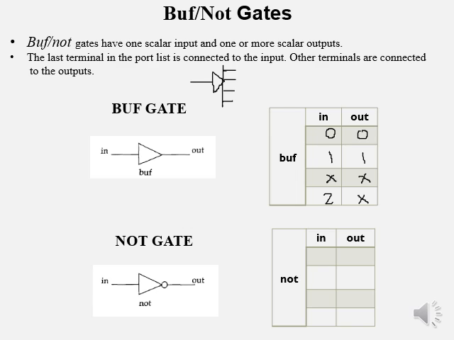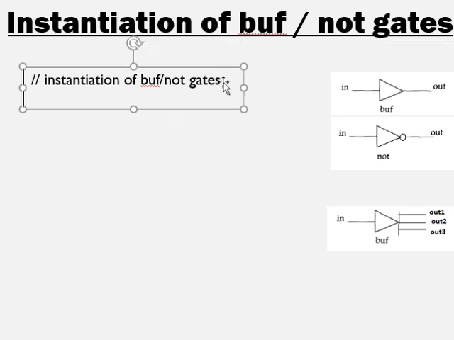Moving on to the NOT gate, when input takes 0, 1, x and z, the inverter output will be 1 and 0. When input is x, output is x, and when input is z, output is also x.